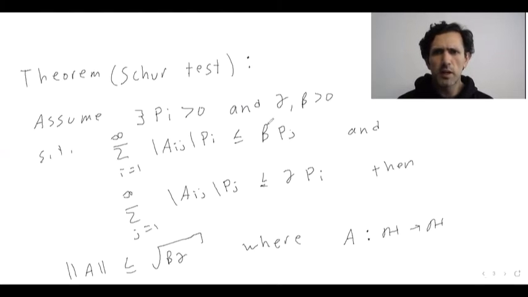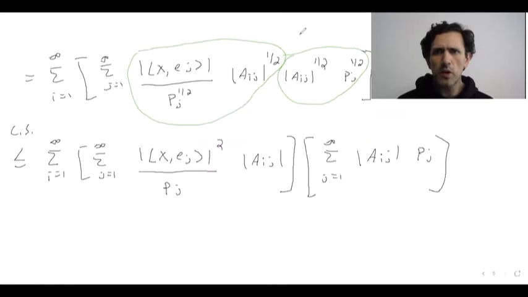Sorry, if it wasn't clear, this is for all i, and this is for all j. Sorry, I have that switched around. This is for all j, and this is for all i. Okay, so in particular for any i, this is less than or equal to p_i.